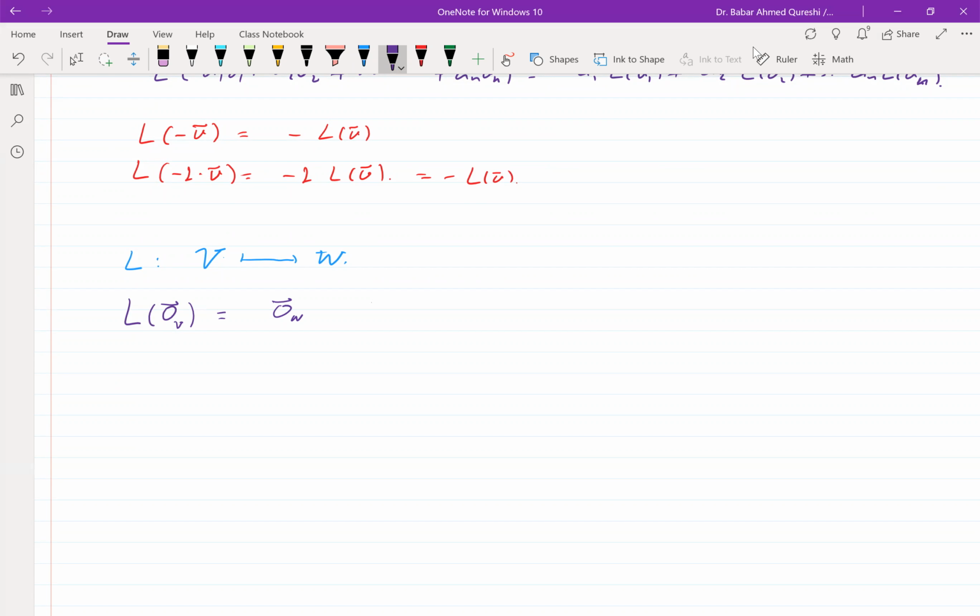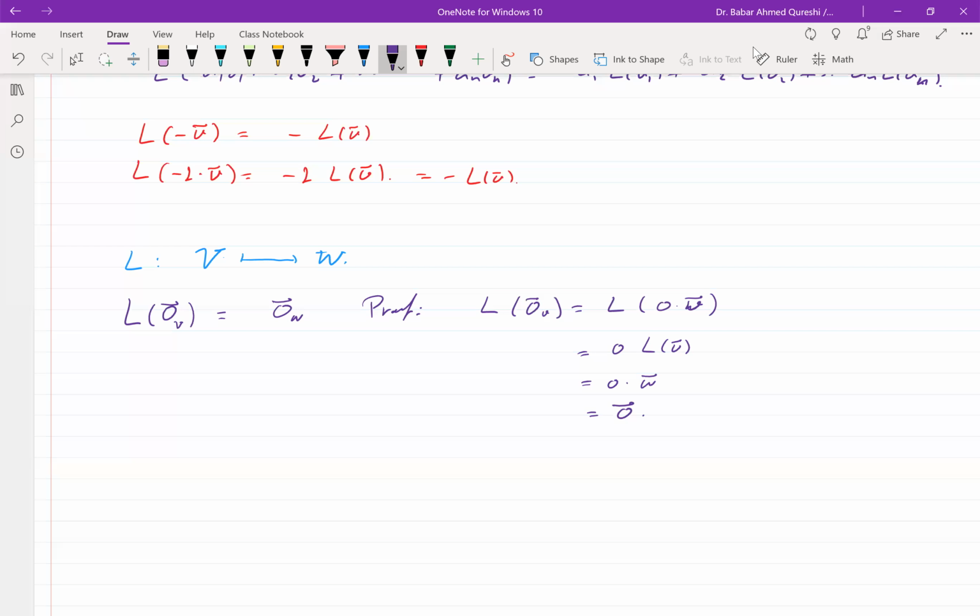How do I prove it? Why should it be necessary? Because the zero vector, I can write as 0 times an arbitrary vector in V. Now linearity demands that this 0 comes out. So I get some vector from W, but it's being multiplied with 0, so it makes it a zero vector.